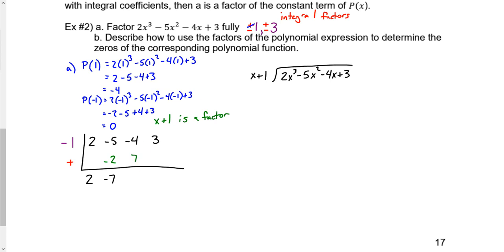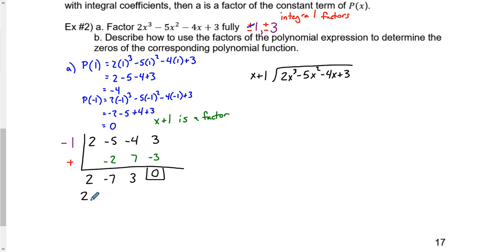-4 add 7 is a +3. -1 times +3 is -3. And -3 adding -3 gives us a remainder of 0, which is exactly what should happen. Our remainder was 0 here, so our remainder of 0 should be here as well.